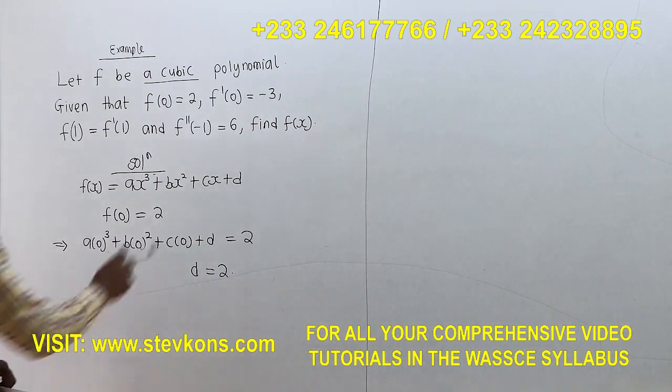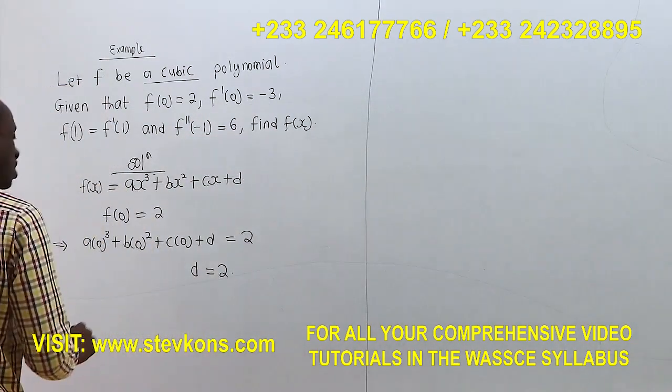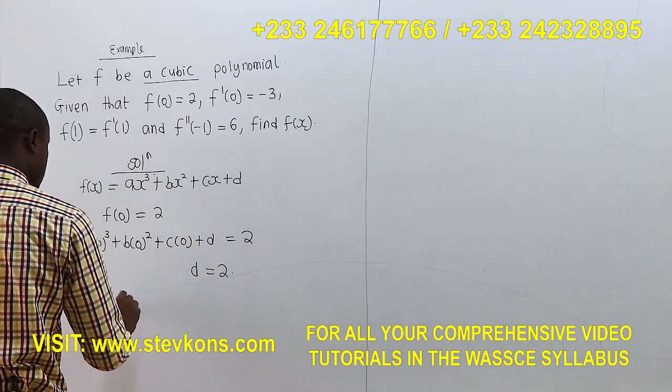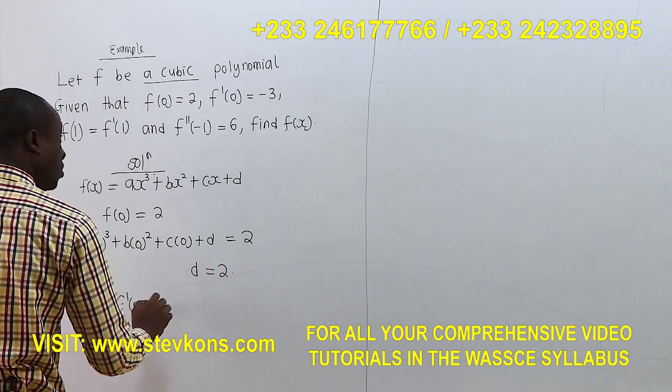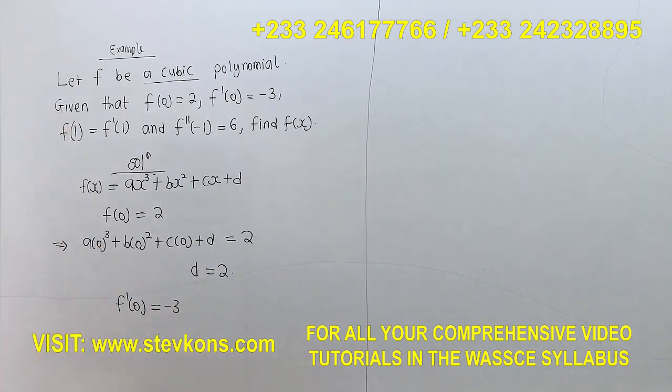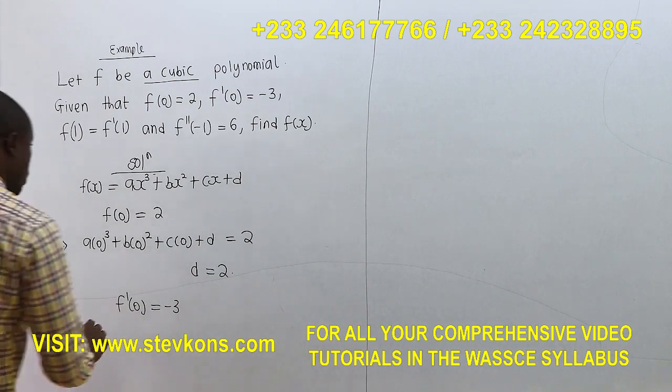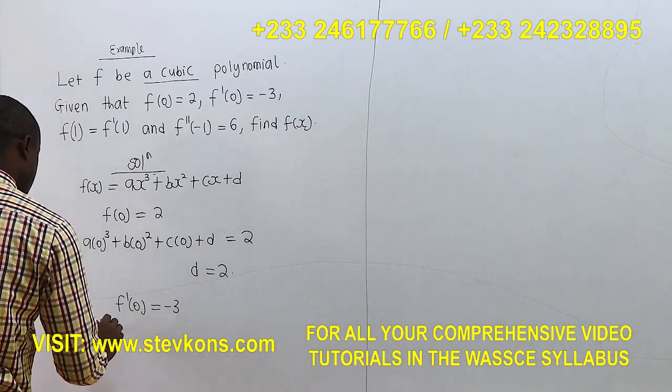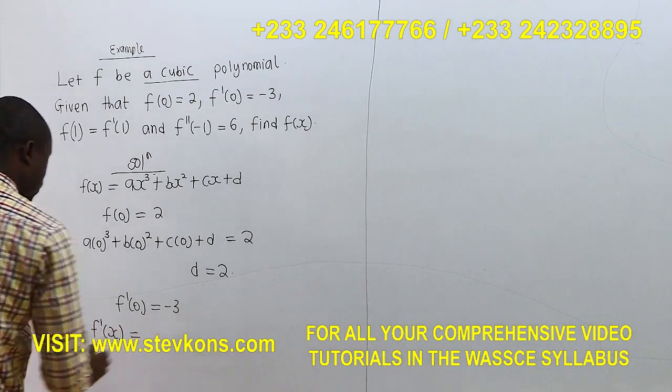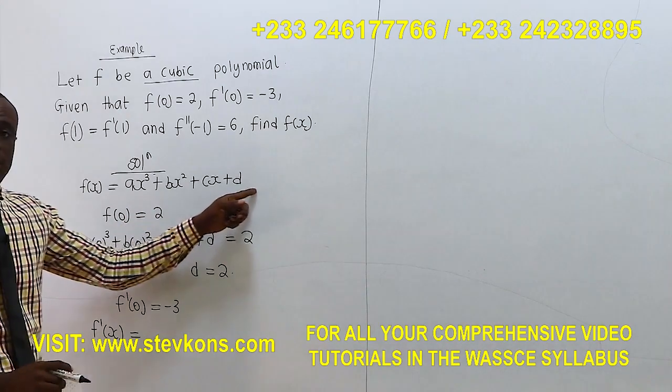Now, we've also been given that f prime of 0 is equal to negative 3. Now, let's find f prime of x. When you differentiate this, what are we getting?